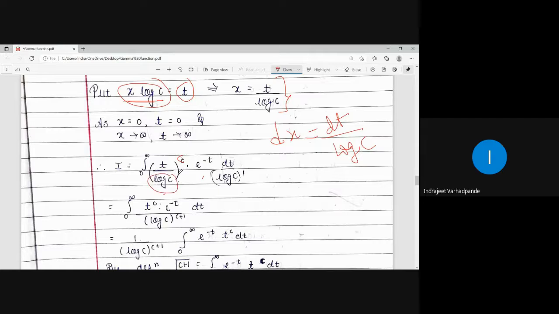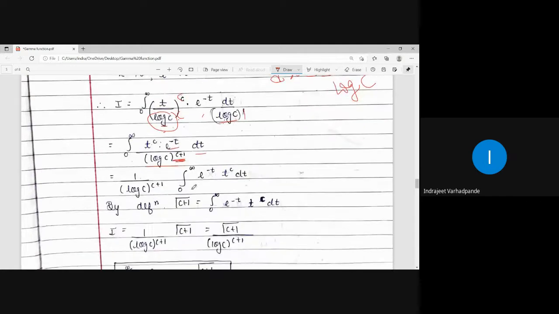Now this can be written as t to the power c upon log c to the power c into log c to the power 1. Bases are same, powers get added, so log c to the power c plus 1, t to the power c into e to the power minus t dt. Clear? log c to the power c plus 1 goes outside. In the definition, 0 to infinity e to the power minus t, t to the power c dt.